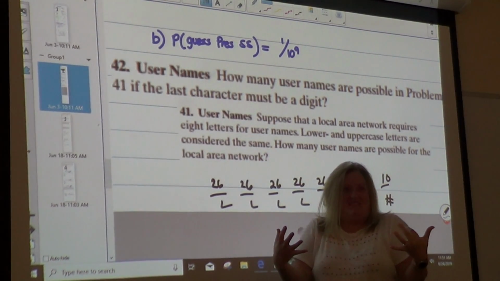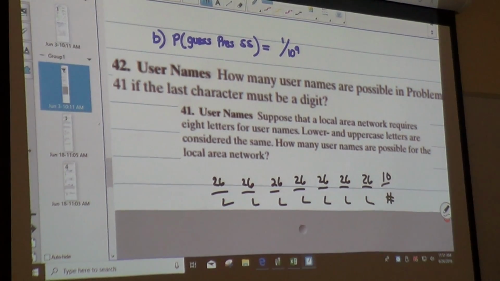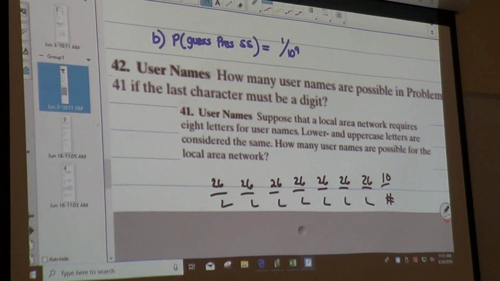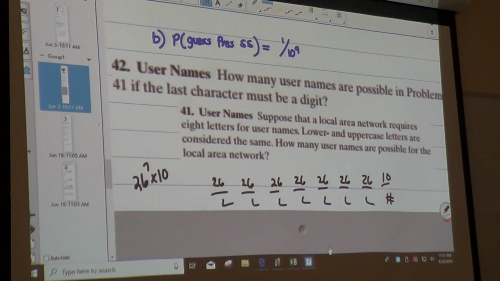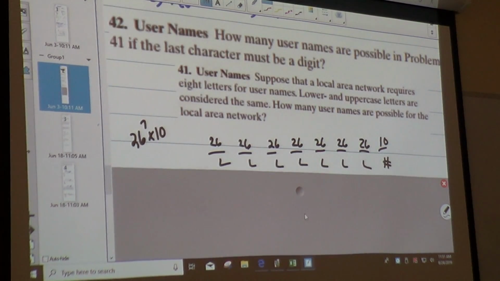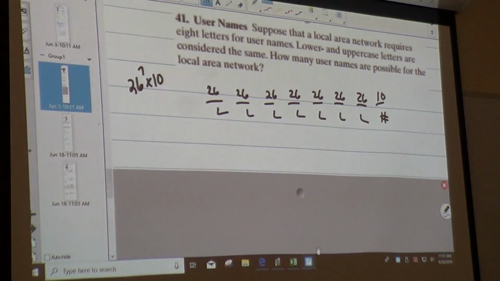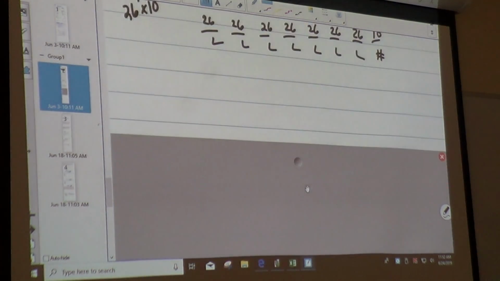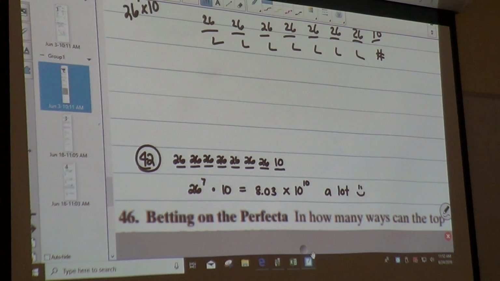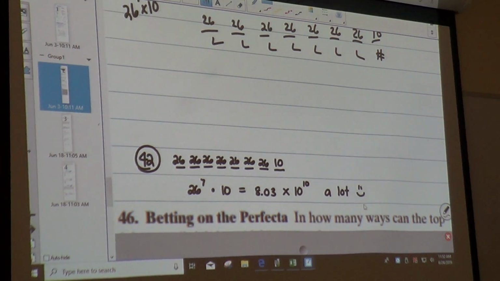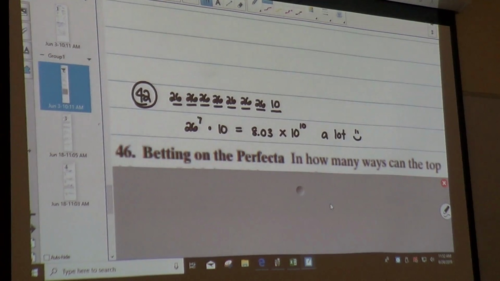How cool is this? So this one would be 26 to the 7th times 10. Just love these problems. It's going to be a big number.